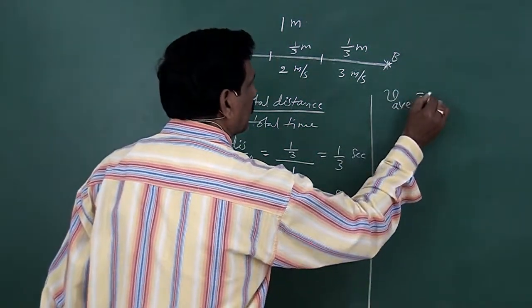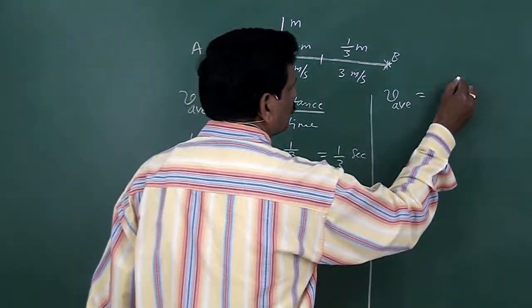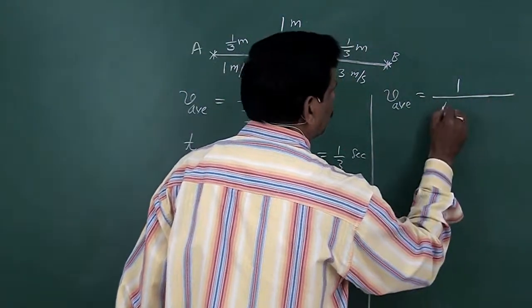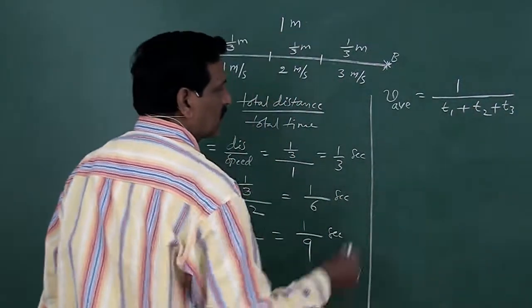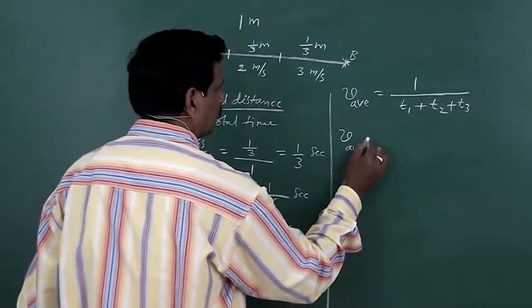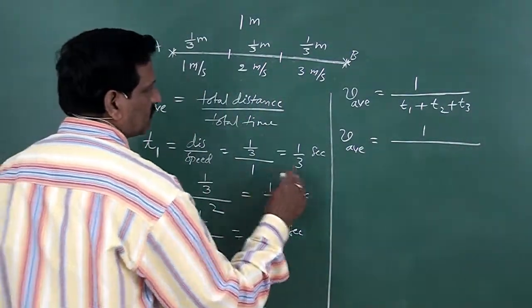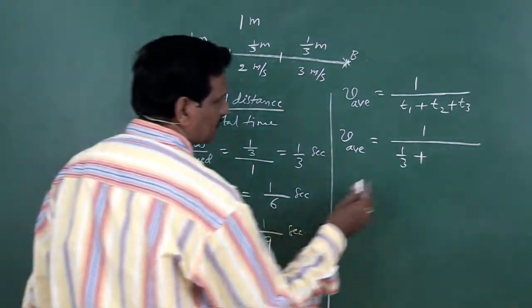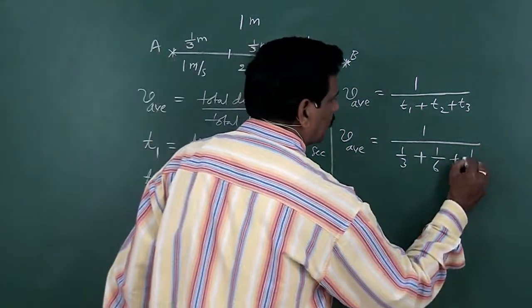Now average speed. Average speed is equal to total distance by total time. Here total distance is 1, by total time, T1 plus T2 plus T3. So V average is equal to 1 by T1, T1 is 1 by 3, plus T2 1 by 6, plus T3 1 by 9.